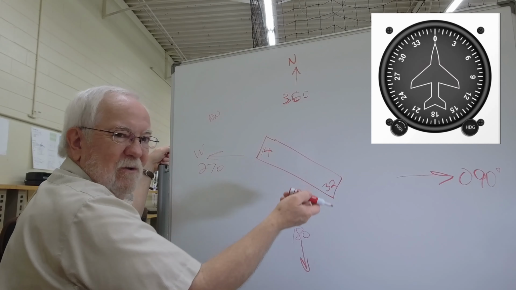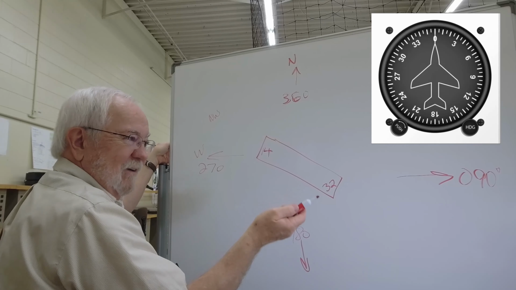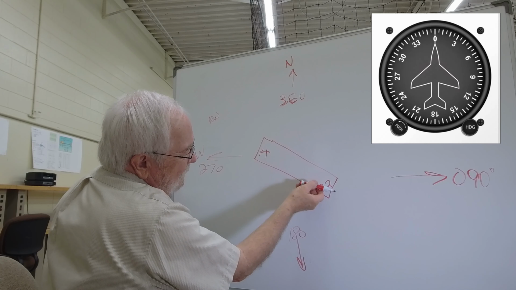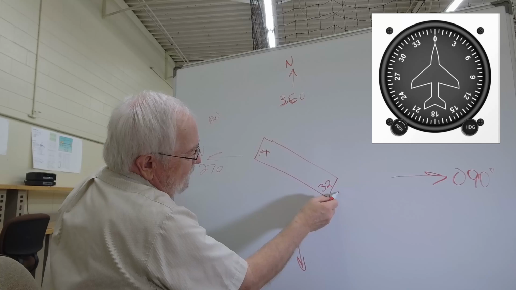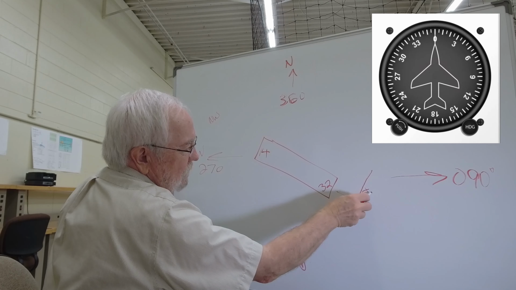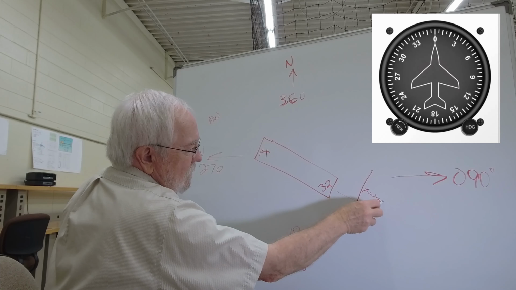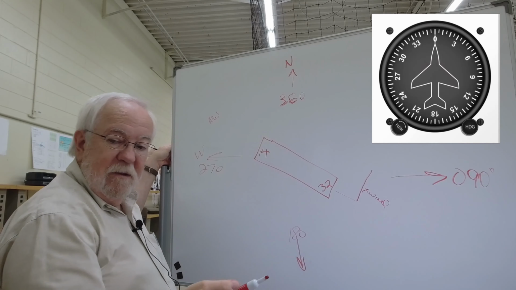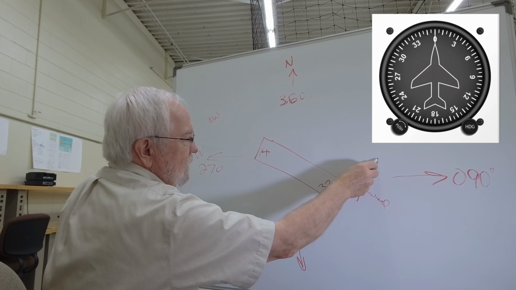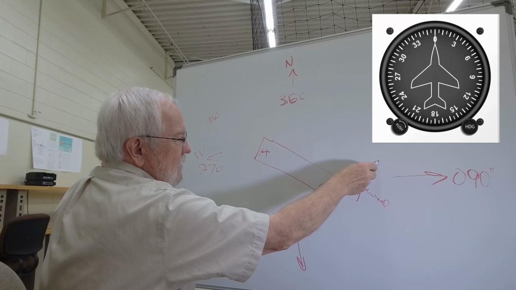Since all standard traffic patterns are left-hand turns, he or she would be climbing up and make a left turn. This would be crosswind. That's the name of the leg. They're going to keep doing touch and goes, so they'd go crosswind for a ways, climbing up, and then turn another turn.